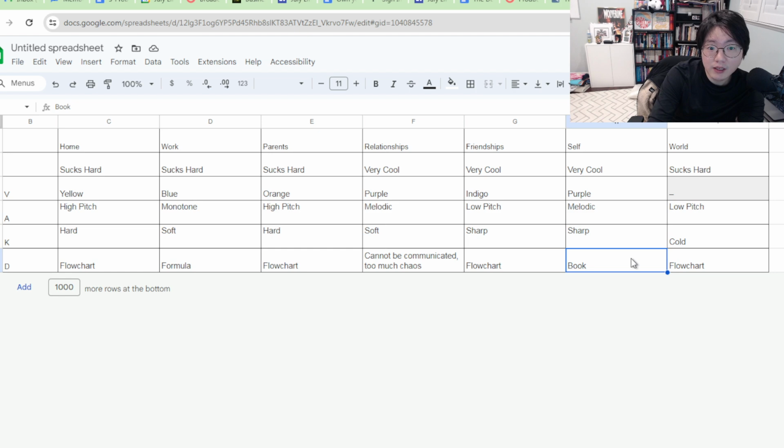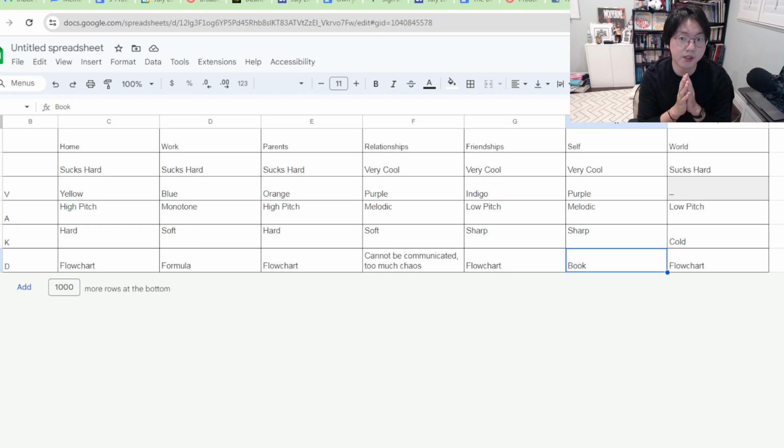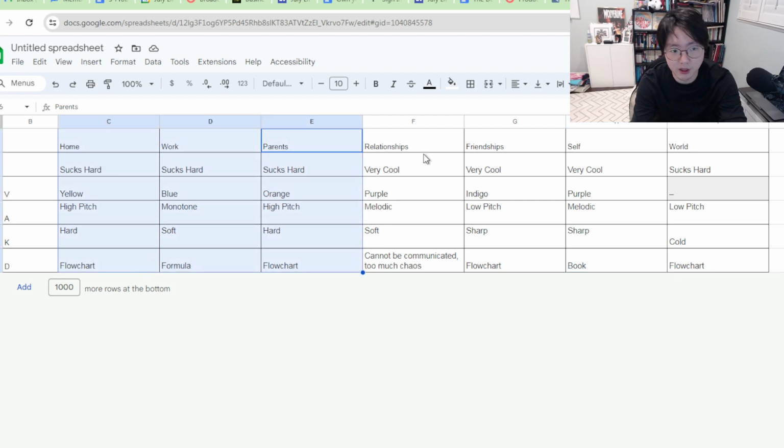And I think this is reflected here as well, right? So this person thinks their life is kind of a book. There's the notion of self as a book, which means there's a story, right? And there's a narrative, there's a chapter, there's an order to it. But given that the world and the work are just formulas and flowcharts, I can see why these things can be described as sucking.